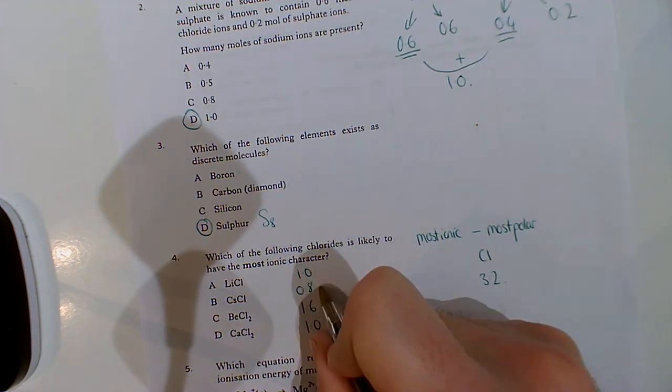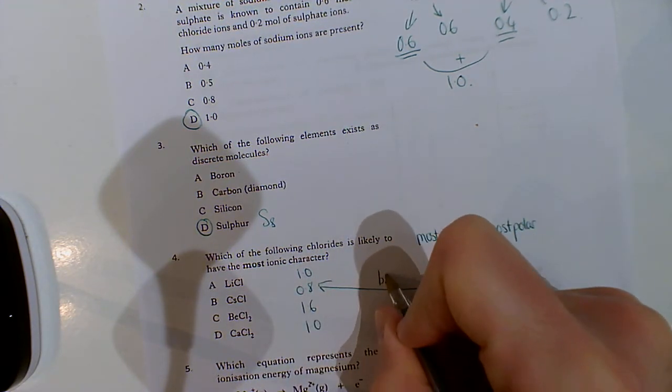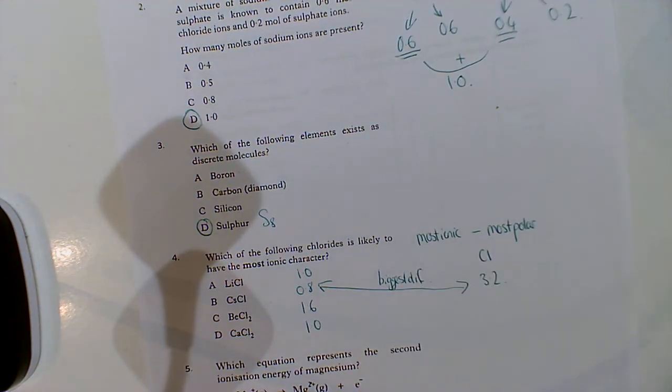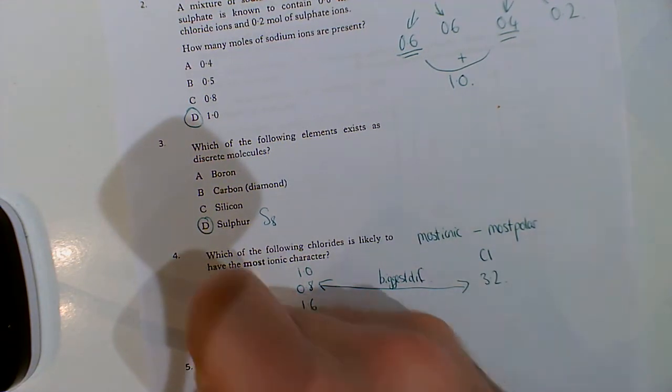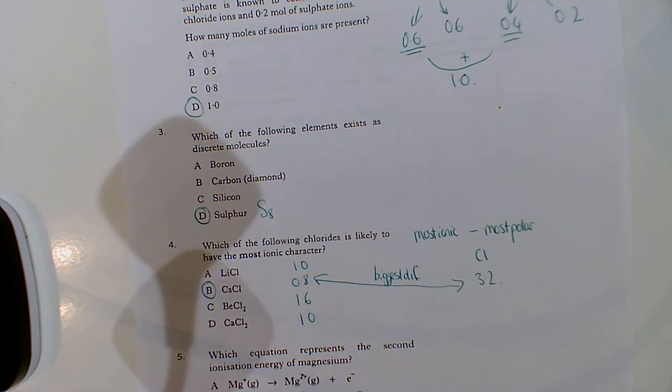So you can see these two have the biggest gap, the biggest difference, so they're going to be the most polar. So it's going to be our cesium chloride. You could also work that out from where they are on the periodic table. So chlorine's near the top right, anything near the bottom left should have a really low electronegativity.